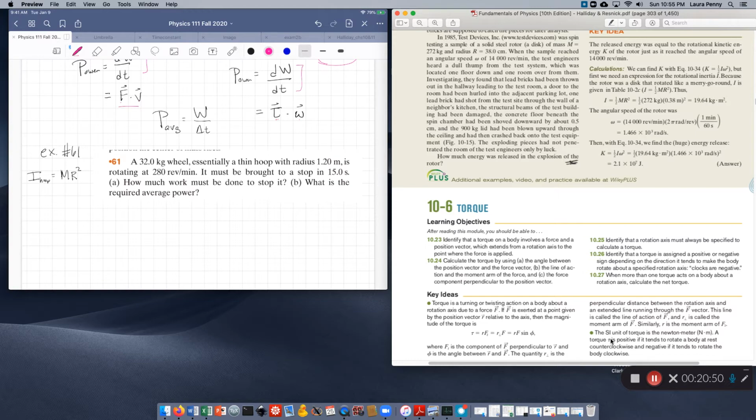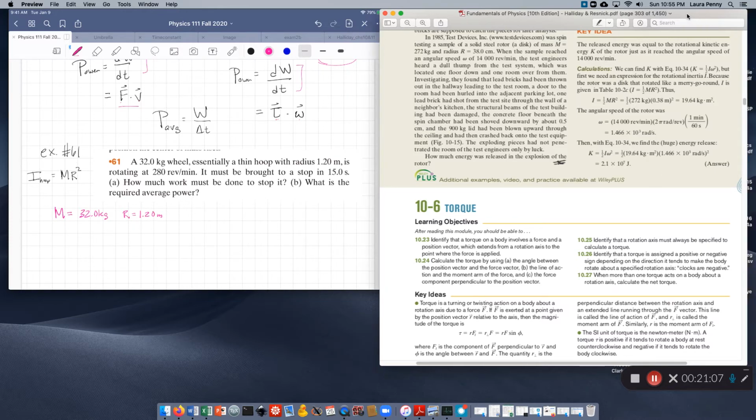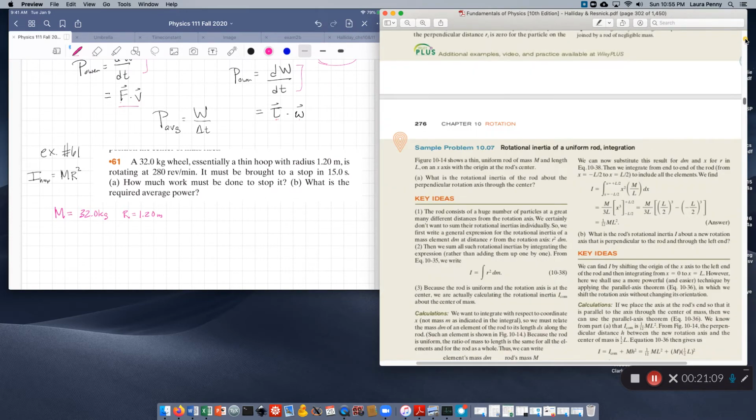All right, so let's write down some of these things. The mass is 32 kilograms, and the radius of this wheel is 1.2 meters. And so I need the moment of inertia to do this.